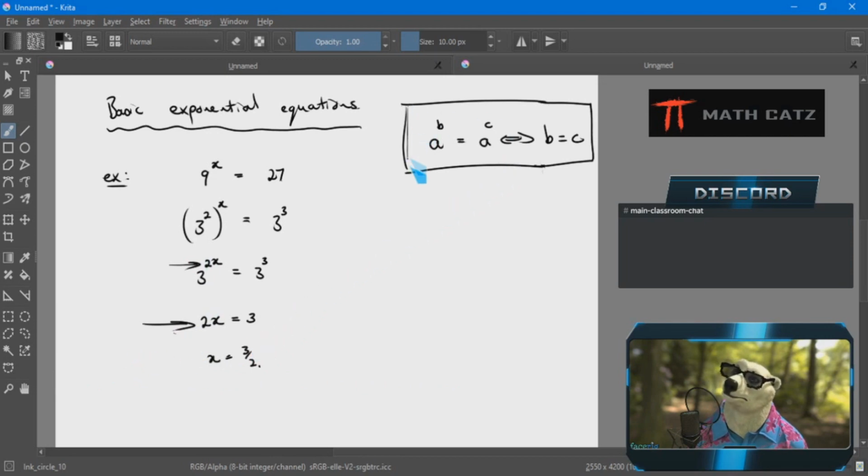And I use this property in the box to get x out of that exponent level. In this basic type of equation, it's as simple as that. But yes, there are more complicated exponential equations, which we will come back to when we have the tools to handle them. So this is the first kind of basic exponential equation that I want to just remember, because I'm sure you have seen this before.